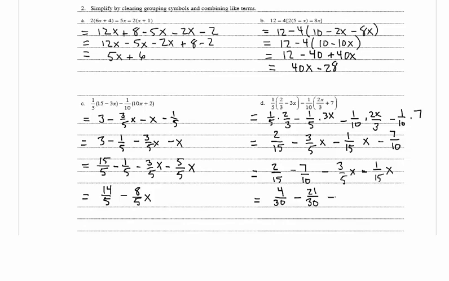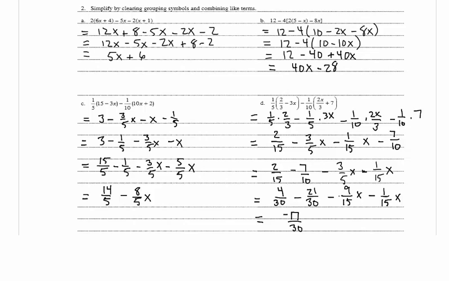So if we want to write 3/5 with a denominator of 15, we would have had to multiply by 3 over 3. And 3 times 3 is 9. So we have 3/5 is equal to 9/15, and then we had our x minus 1/15 x. And this is equal to 4 minus 21 is equal to negative 17 over 30.